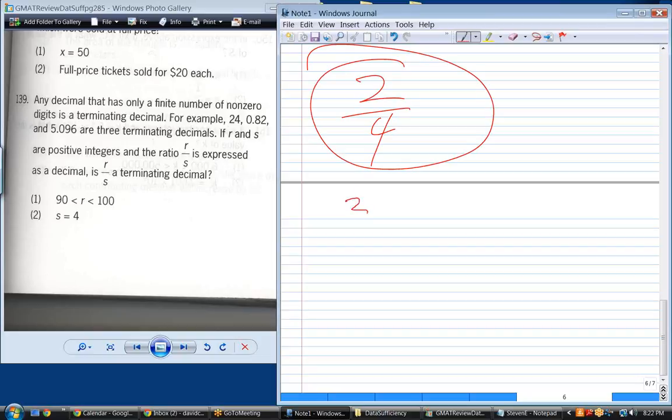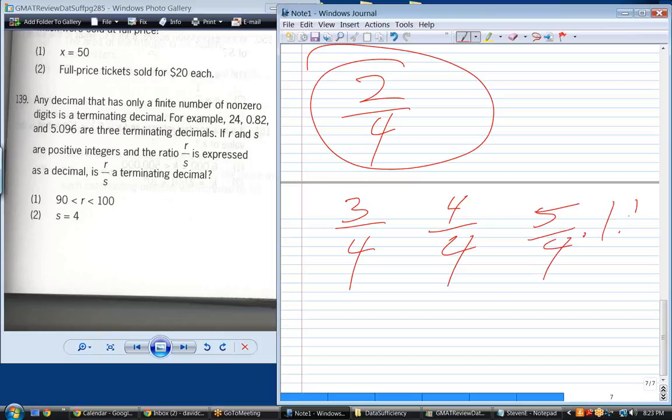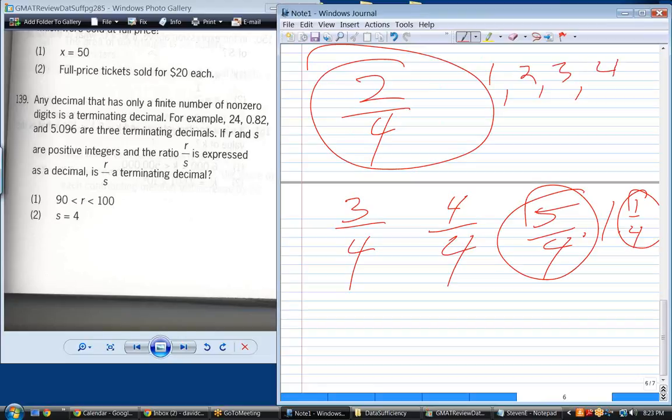So notice that I can try 3/4, that's 0.75. I can try 4/4, that's 1. Any number greater than 4 is going to be the same as the numbers 1 through 3. Right? In other words, 5/4 is the same as 1 and 1/4. So if that's terminating, then that's terminating. I don't follow that logic, but well, the only numbers I have to test are 1, 2, 3, and 4 for the numerator.